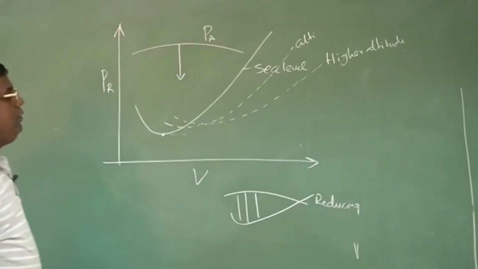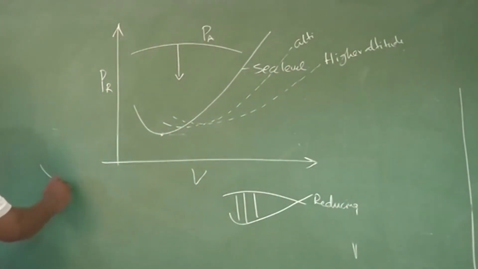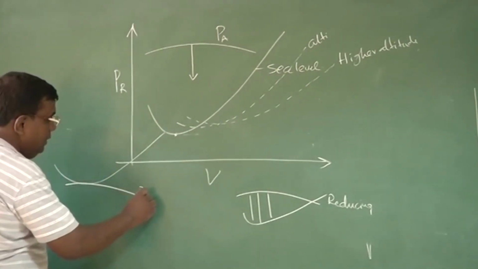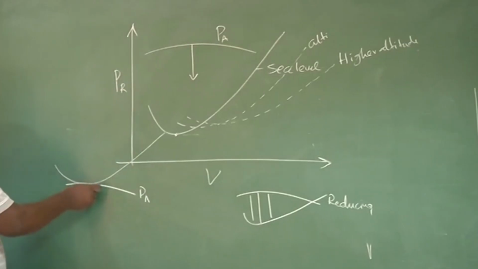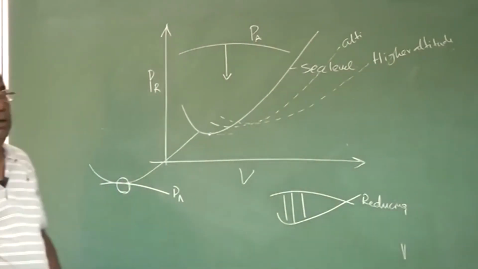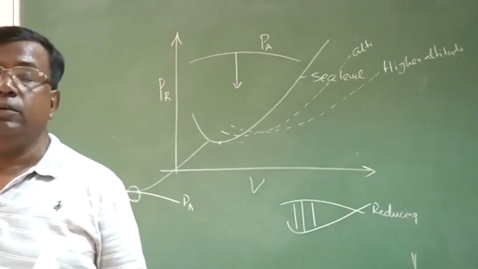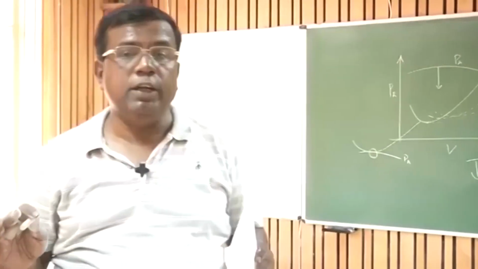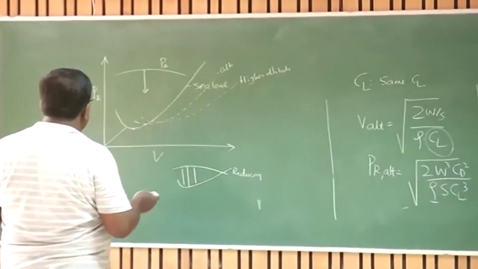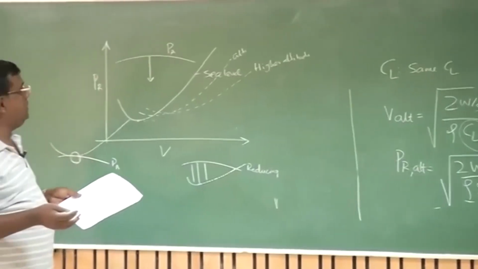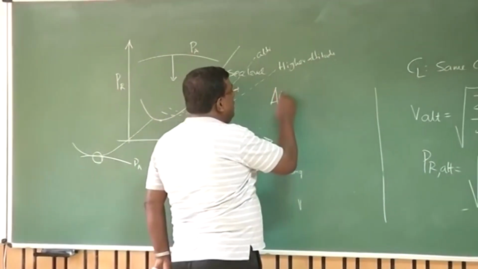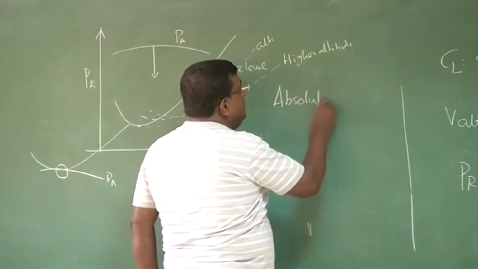So there will be an altitude where you will find, if this is the power required, the power available is just matching here, and this is the point where you have absolutely no excess power for rate of climb, right? And that is defined in our aerospace industry as absolute ceiling.